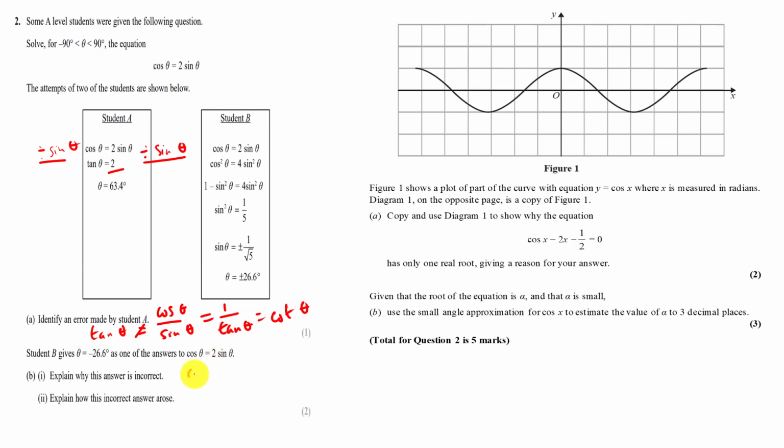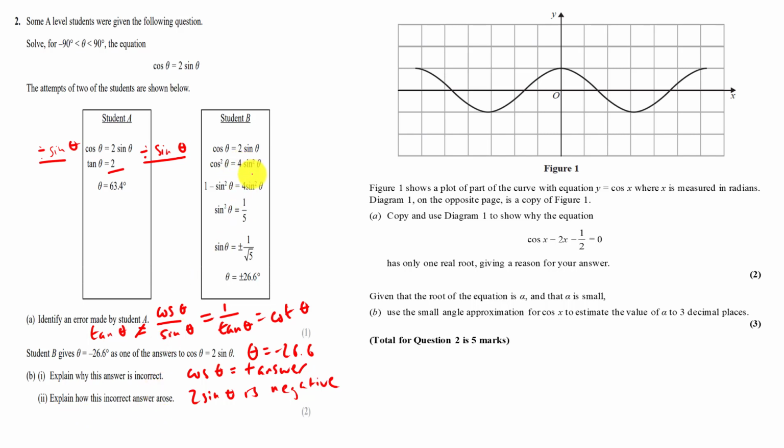And if you plug in the calculator, cos theta using minus 26.6, you're going to get a positive answer, and then 2 sine theta, when theta equals minus 26.6, is negative. So that's your explanation.